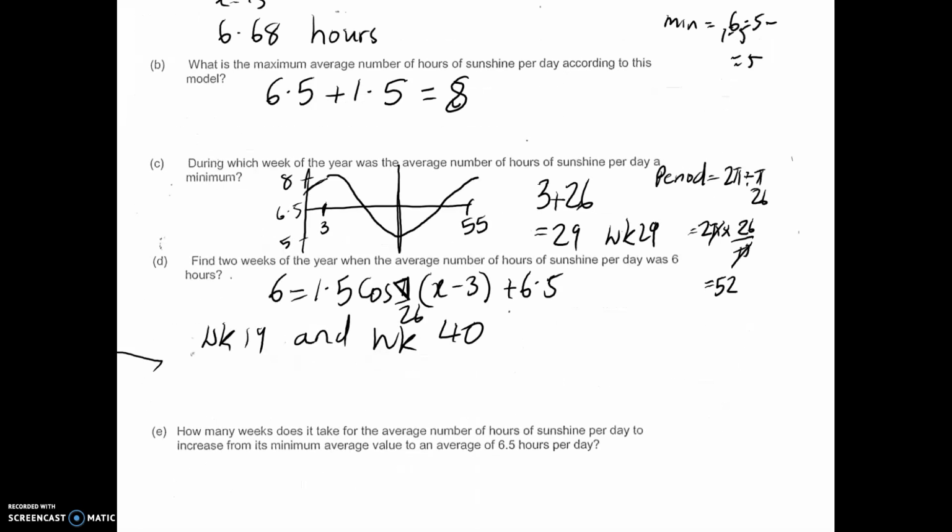Okay, next question. How many weeks does it take for the average number of hours of sunshine per day to increase from the minimum average value to an average of 6.5 hours per day? We're talking about from minimum to the mean, so that is about a quarter of a cycle.